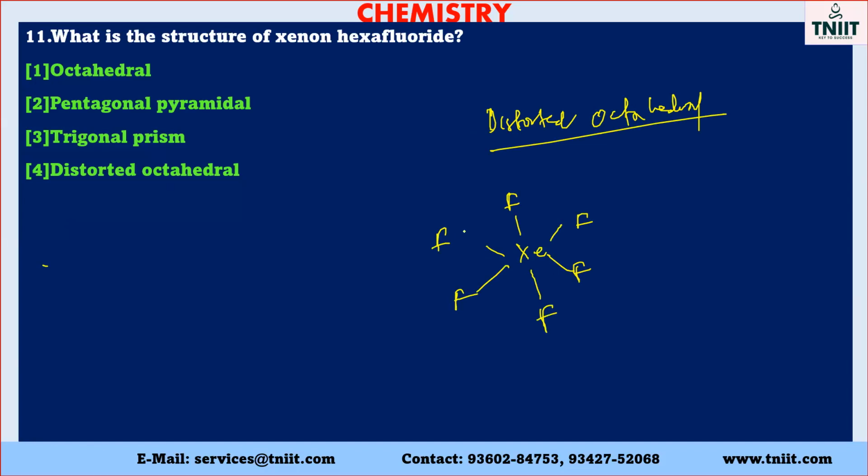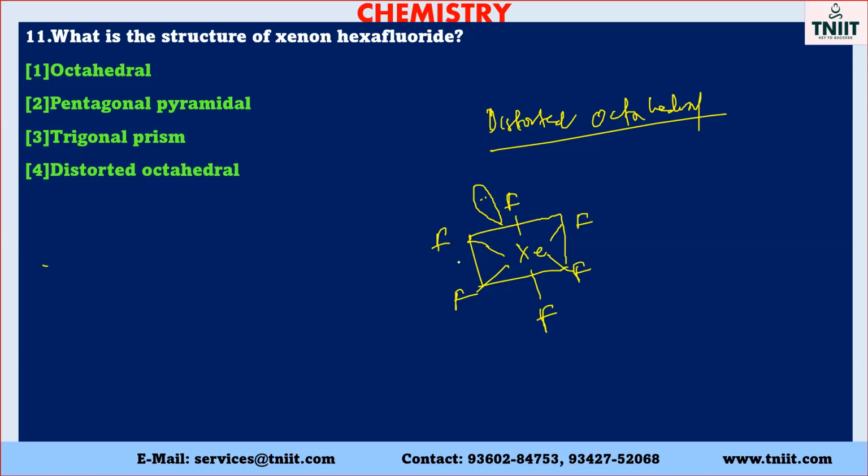This is an octahedral structure. So these 4 fluorines are in one plane, with one fluorine atom above and one below. But now this xenon also has a lone pair of electrons. Since it has one lone pair of electrons, and fluorine is electronegative, electrons are also negative, there will be distortion.